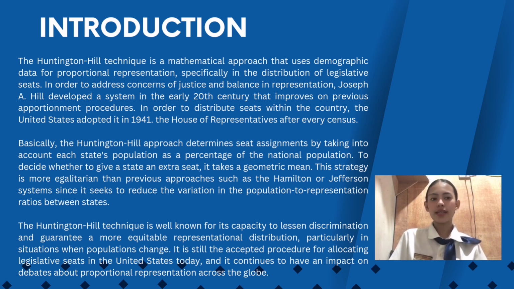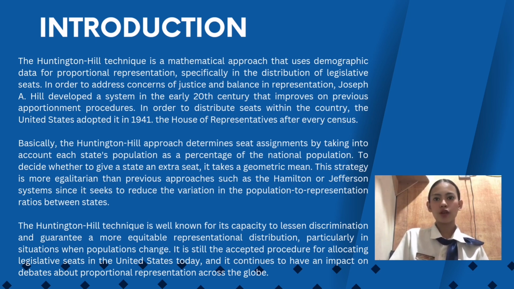The United States adopted it in 1941 for the House of Representatives after every census. Basically, the Huntington-Hill approach determines seat assignments by taking into account each state's population as a percentage of the national population.